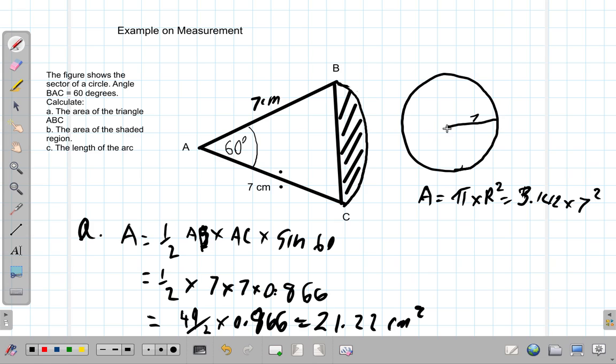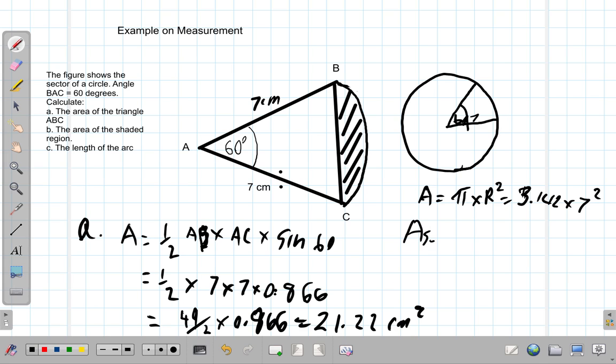However, it is part of a circle. What we have is a 60 degree angle here. So let's calculate the area of the entire sector.